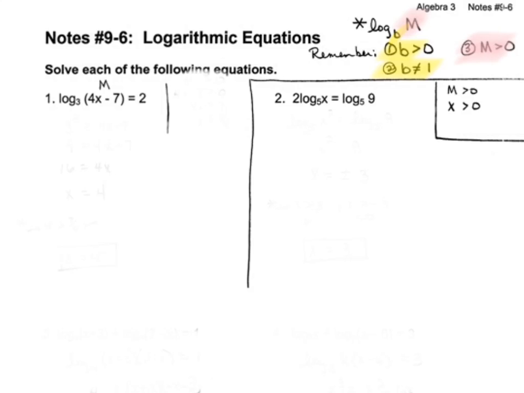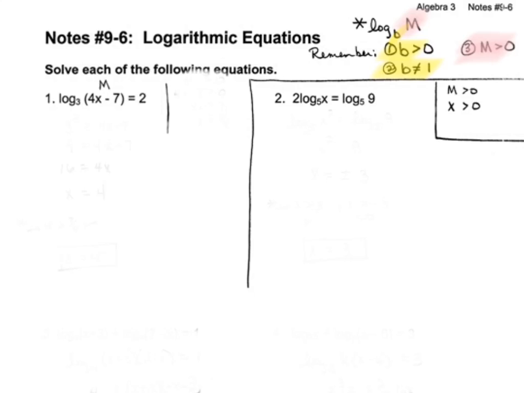M has to be greater than 0. And so we can use that to let us know what values of x we keep and which ones are extraneous solutions, the ones we have to throw away because they would make m less than 0.